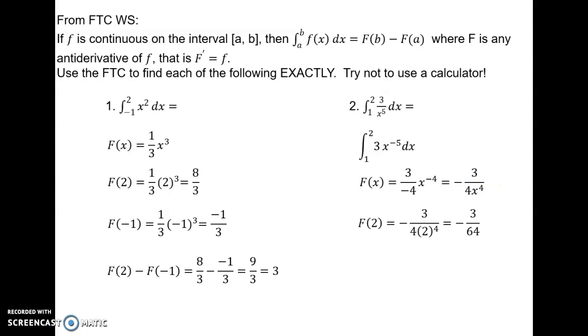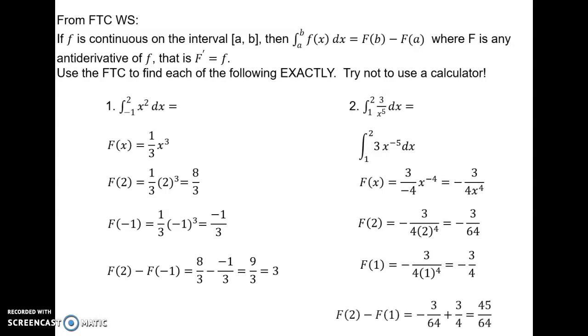Now we evaluate the antiderivative at the upper bound of 2. Putting in 2, we get -3 over 64. Then we evaluate the antiderivative at the lower bound, putting in 1 for x, so we get -3 over 4, or -3/4. The fundamental theorem of calculus simply says subtract those two values.